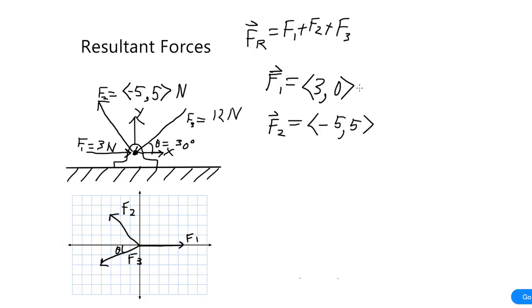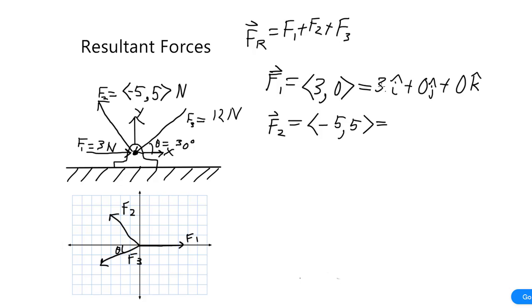Before I move on to that, I just want to talk about how to write vectors. As you saw in the last video, I've been writing them like this. I just prefer this method because it's a little bit more compact. But you can also write this as 3 i hat plus 0 j hat plus 0 k hat, if it is in 3D.